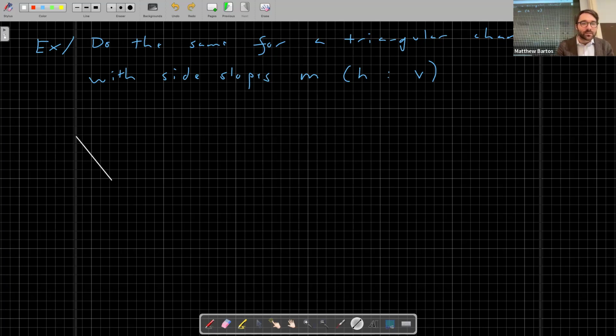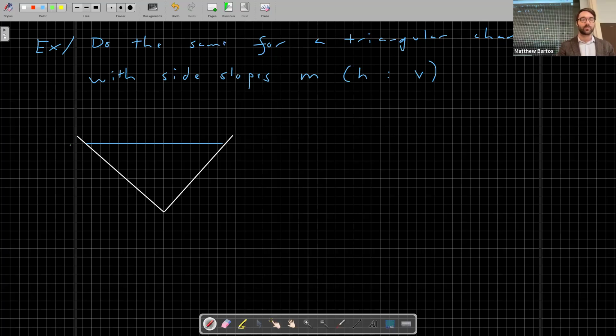Let me try to make this an even triangle here. Okay, I'll just do it like this. So we have some water level in our triangular channel.